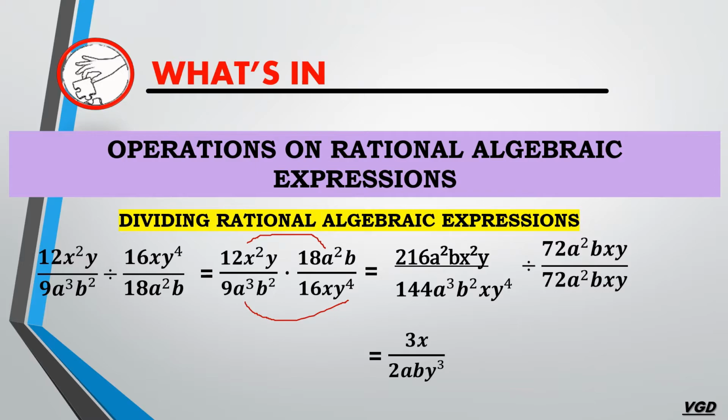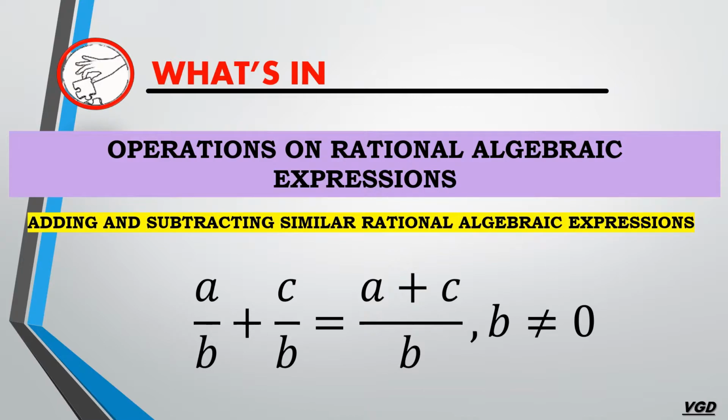Applying the quotient rule, we just subtract those exponents with the same base. Also we divide our denominator 144a cubed b squared xy to the power of 4 by 72a squared bxy. The answer is 2aby cubed. So that is our final answer.